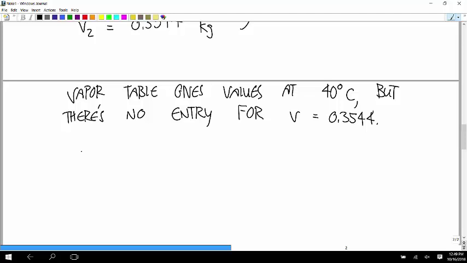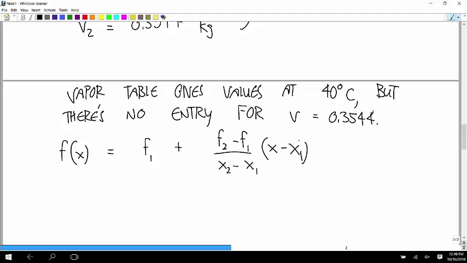So we're going to say F at X is equal to F1 plus F2 minus F1 over X2 minus X1 times X minus X1.